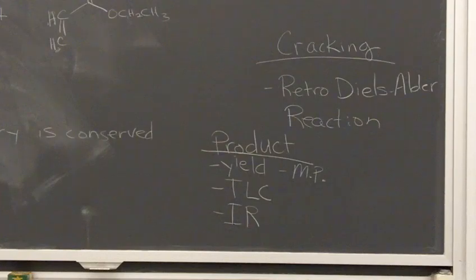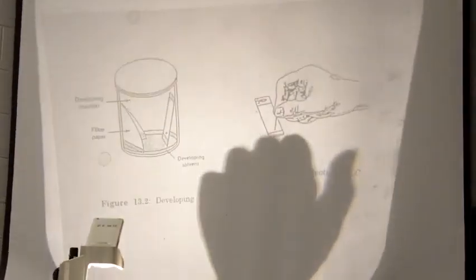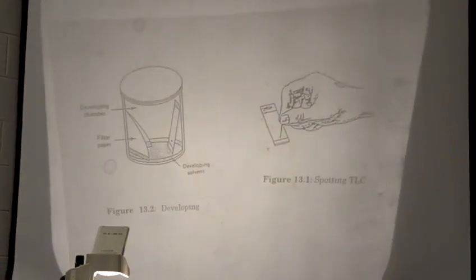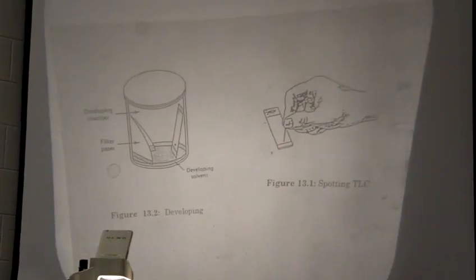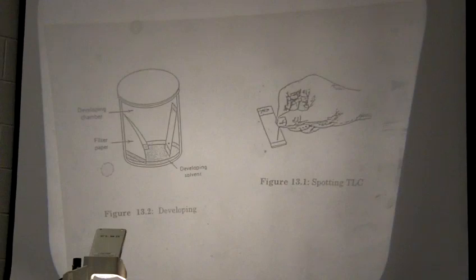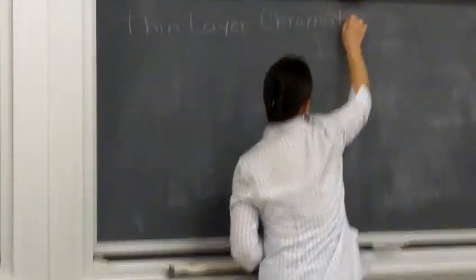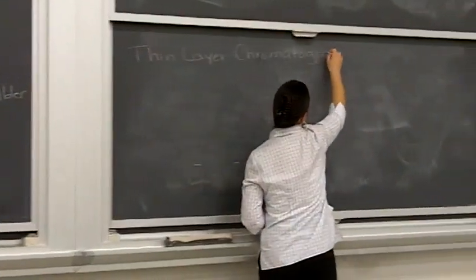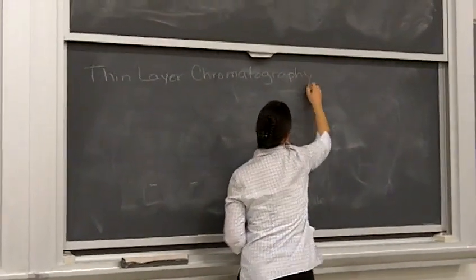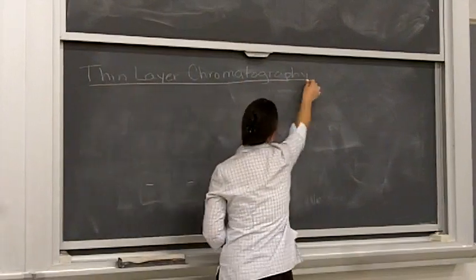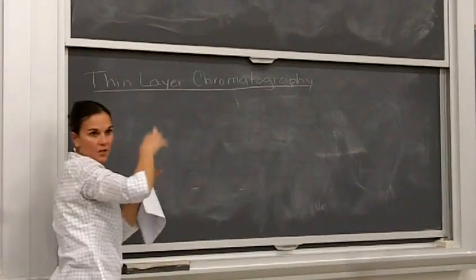The thing that'll be a little less straightforward is that we're going to use thin layer chromatography, okay? So, thin layer chromatography. Here we go with our third chromatography. So what does chromatography tell you? What is it? What are we doing? We're doing some sort of separation, right?